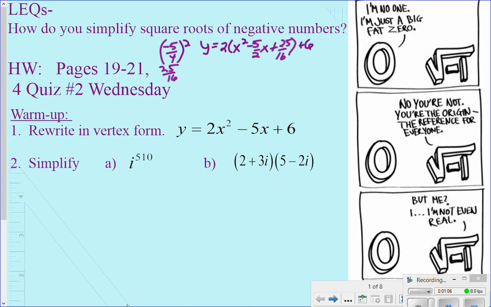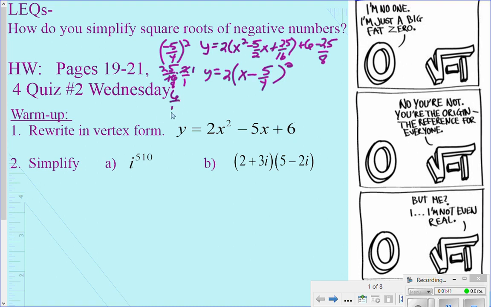But it's actually 25/16 times 2 that I'm randomly adding. So I'm going to simplify that. That's 25/8 that I need to subtract. So I have y equals 2 times, remember I had minus 5/4, so x minus 5/4 of the quantity squared. And then I'm getting 6 into eighths, so 6 is 48/8. 48/8 minus 25/8.